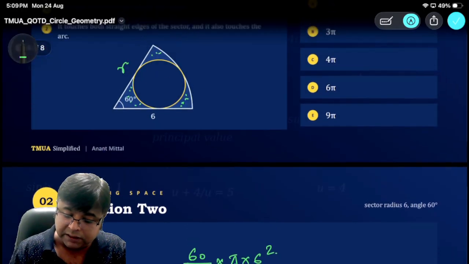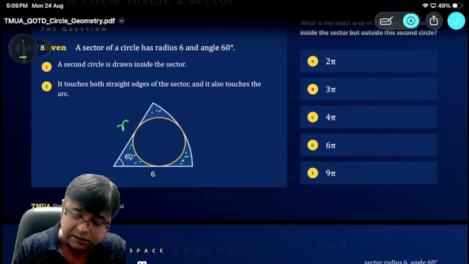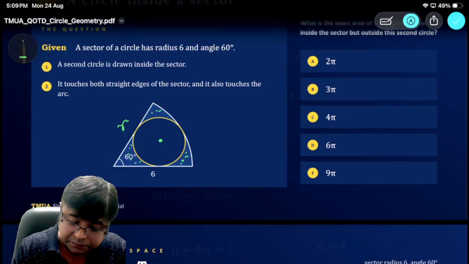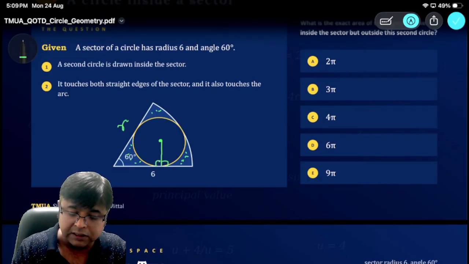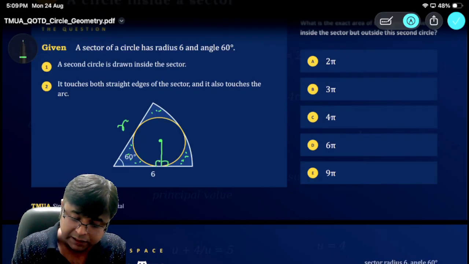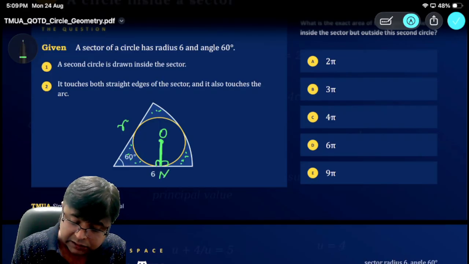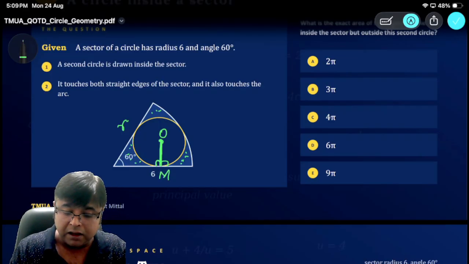Now, what is the area of this circle? Just by a little bit of geometry, I can find out that this is a radius and the tangent makes an angle of 90 degrees. So this will be a 90-degree angle here, and this will also be the radius of the inscribed circle.